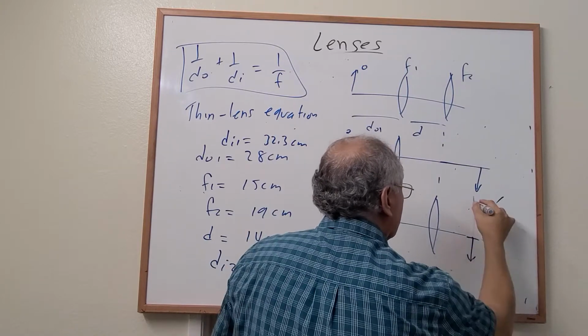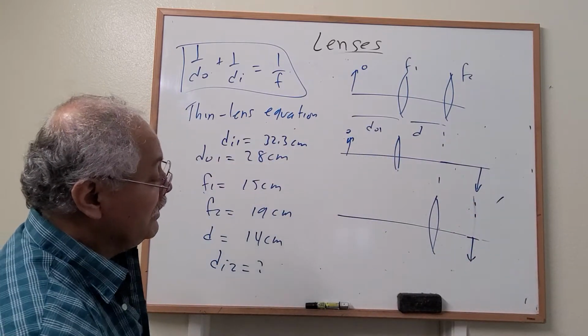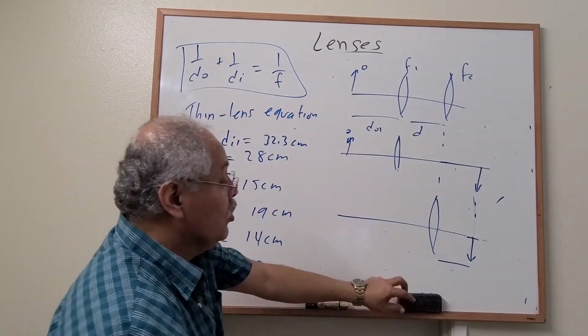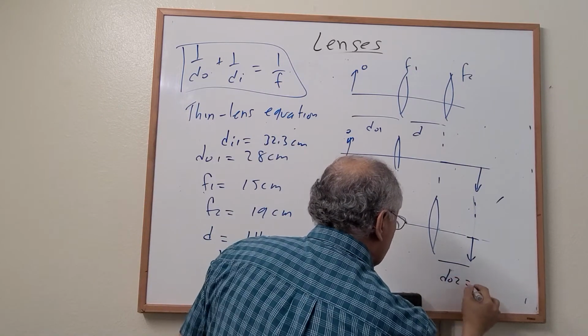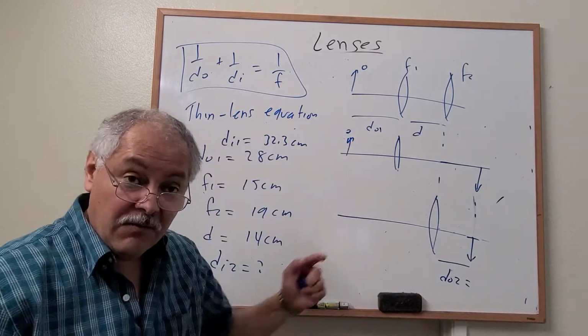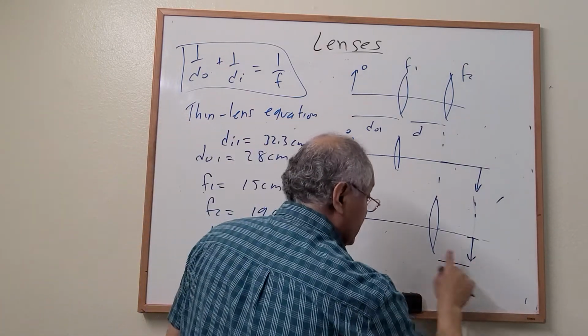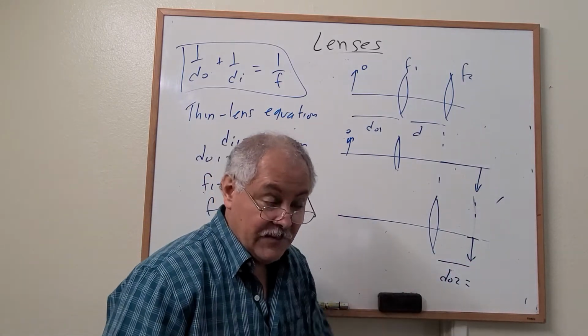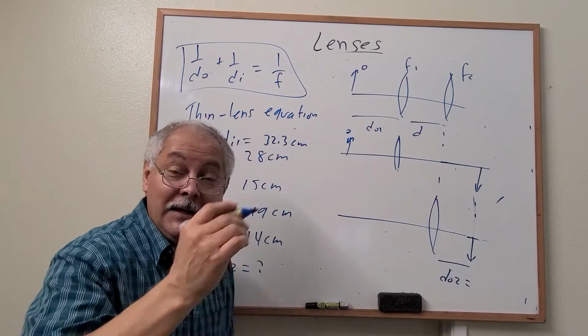What should this distance be? This distance is dO2, but dO2 is going to be negative because of the convention: if the object is to the right of the lens, the distance is negative.